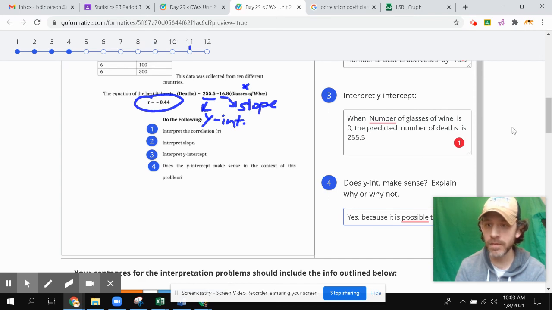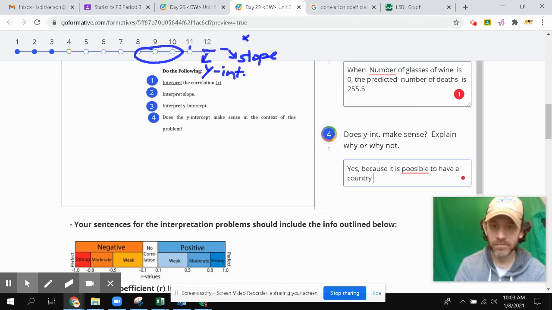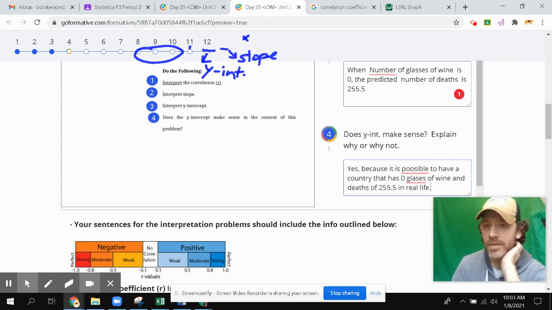It is possible to have a country that consumes no wine, that has 0 glasses of wine and deaths of 255.5 in real life. That's what we're talking about.